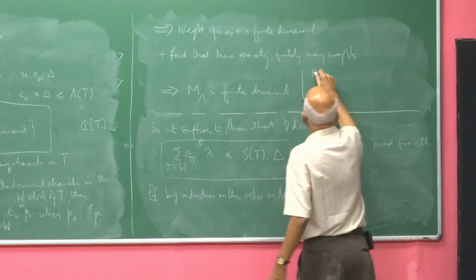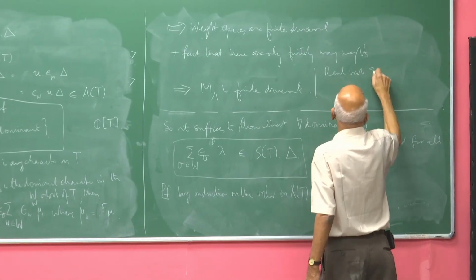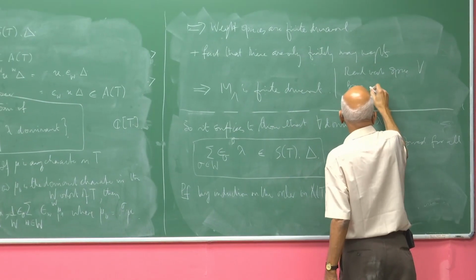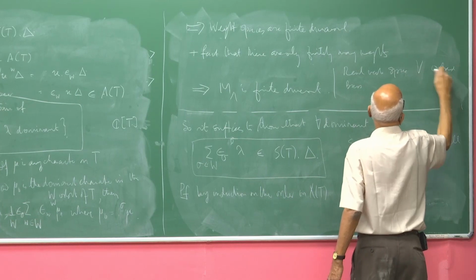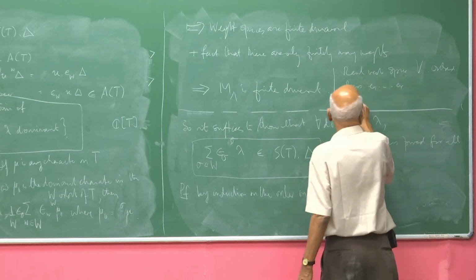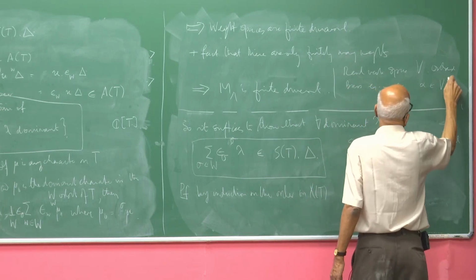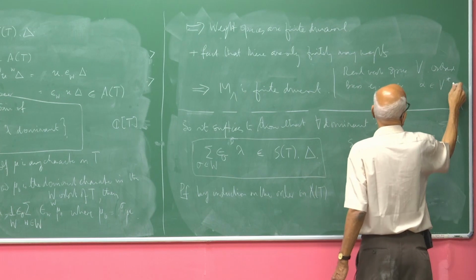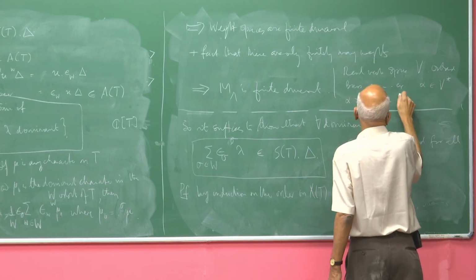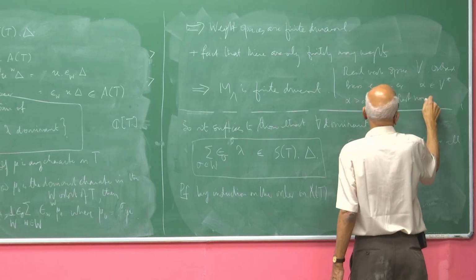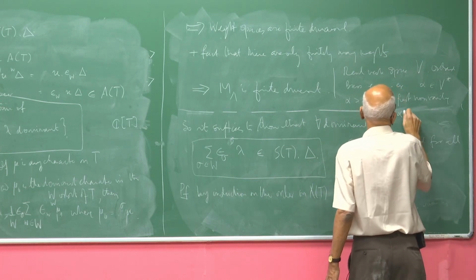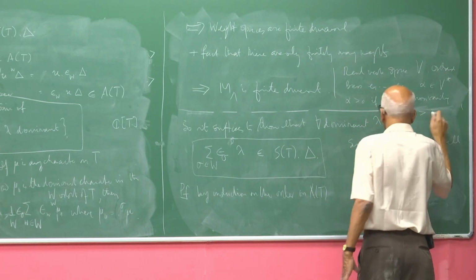Take a real vector space V and an ordered basis e1, e2, ..., er. I will say alpha in V star is greater than 0 if the first non-vanishing alpha of ei is greater than 0.